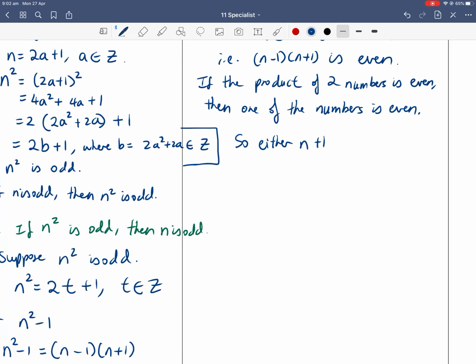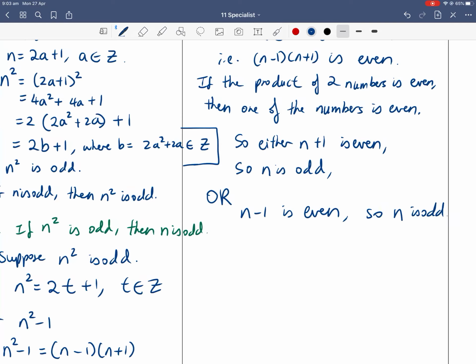So that tells us that either n plus 1 is even, which means that n is odd, right? So if n plus 1 is even, then the one before it must be odd because a number is either even or odd. Or we have that n minus 1 is even, so n is odd.